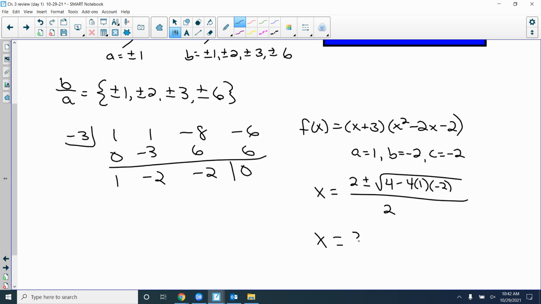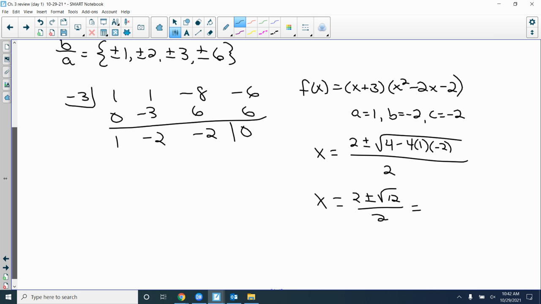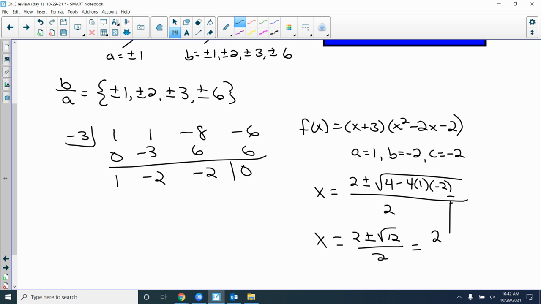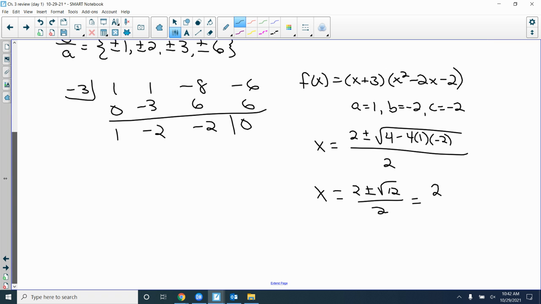I get 2 plus or minus square root of 12 over 2. What's square root of 12 become? 2 square root of 3. So I get 2 plus or minus 2 square root of 3 over 2, and that'll simplify.